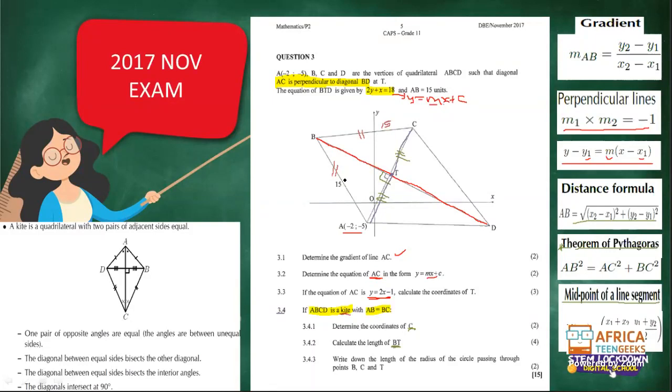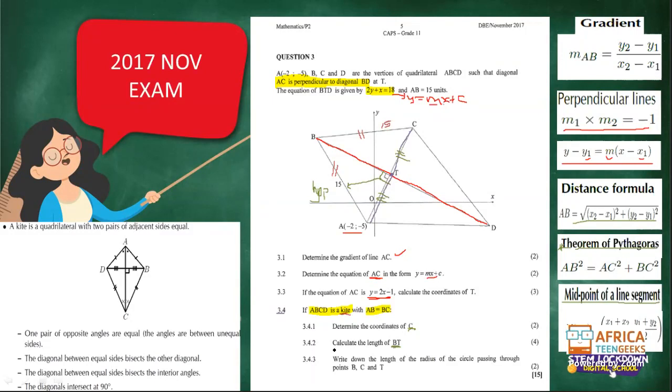And remember, to check if your answer is correct, your length of AT and BT has to be less than that of BA. Why? Because this is your longest side, your hypotenuse. So whatever value you get for BT has to be less than 15.